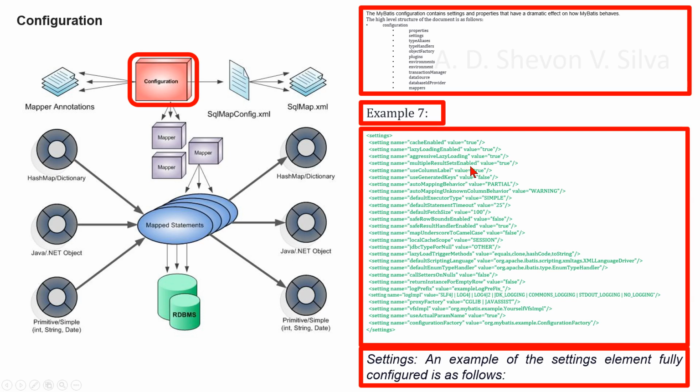Compatible driver required. Valid values are true or false, and default is true. Use column label uses a column label instead of the column name. Different drivers behave differently in this respect. Refer to the driver documentation or test out both to determine how your driver behaves. Valid values are true or false and default is true.